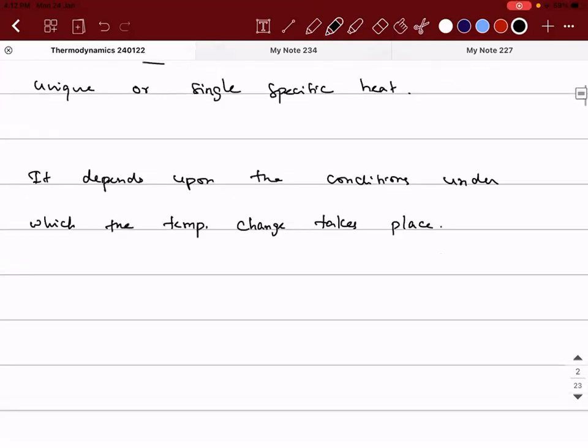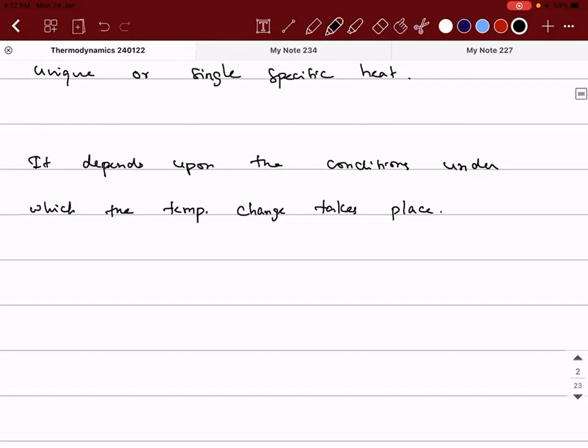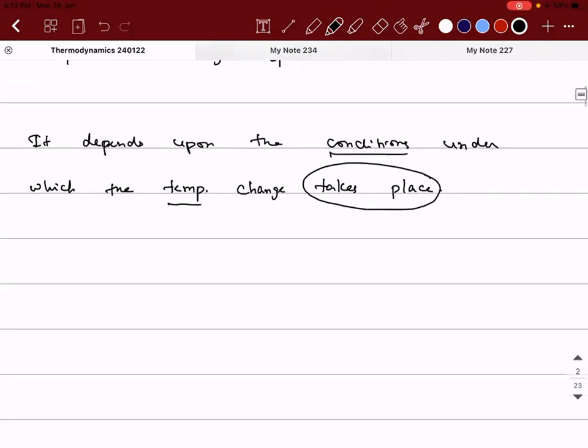What I'm trying to say is it is going to have multiple values, and all this is going to happen under different conditions. You can change the temperature of the substance under constant volume, or you can change the temperature of the substance under constant pressure. Anything of that sort can happen, right? When that happens, how does this effect take place is what we are going to see. Already we know this from the previous chapter.